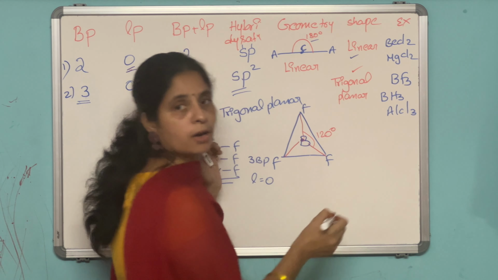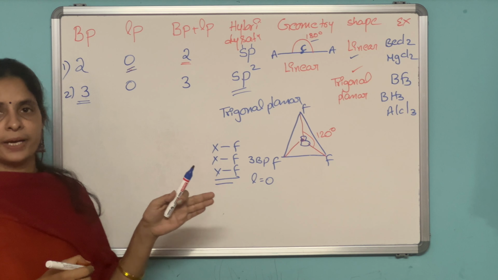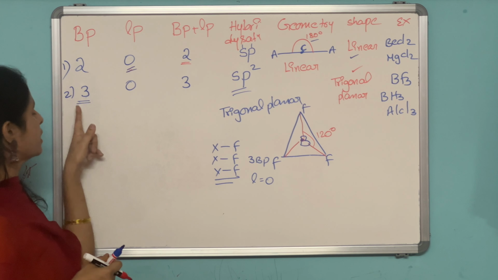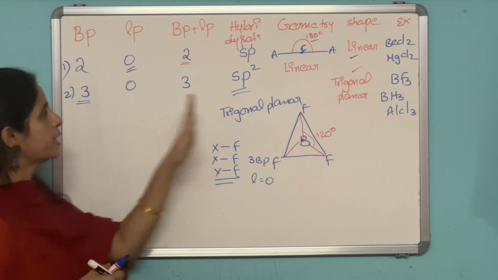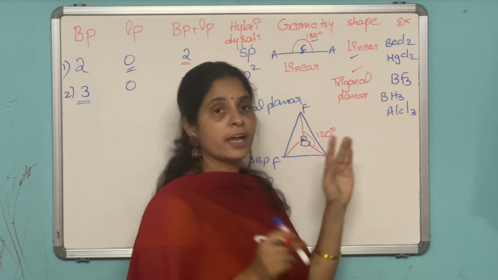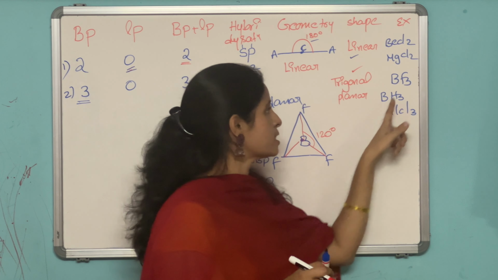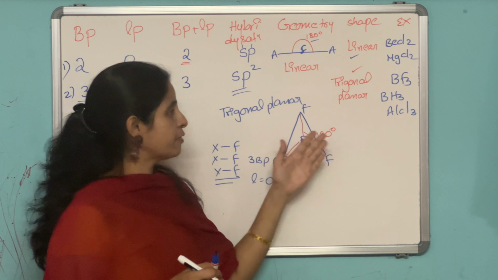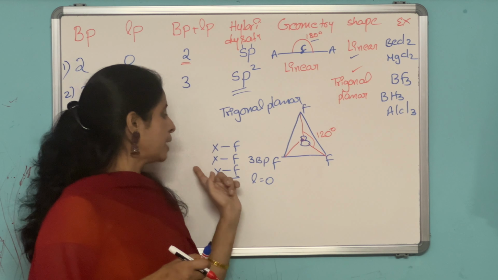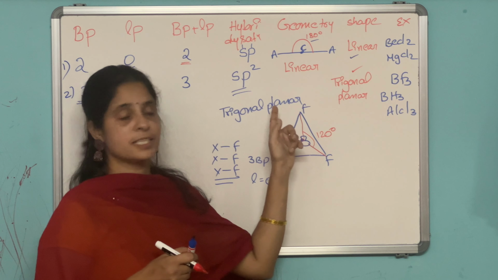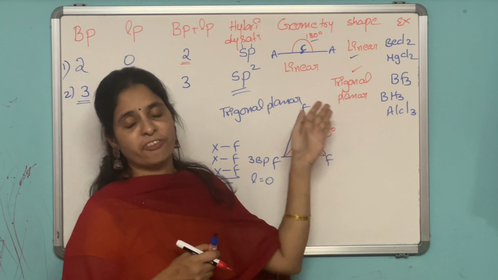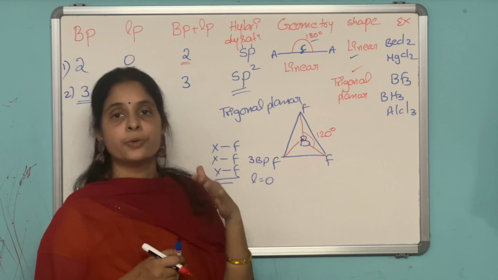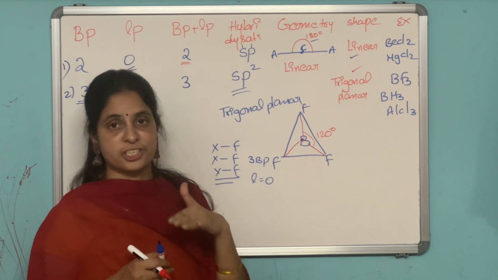Till now we have not included lone pairs. I told you if lone pairs of electrons is equal to 0, then geometry is equal to shape. So if you are asked the shape of BF3 or BH3, you can find it by adopting this method: find the hybridization, then the bond pairs and lone pairs of electrons, and easily you can predict the geometry or structure.